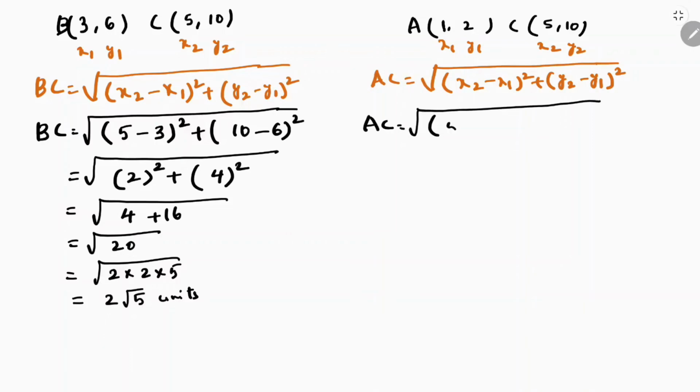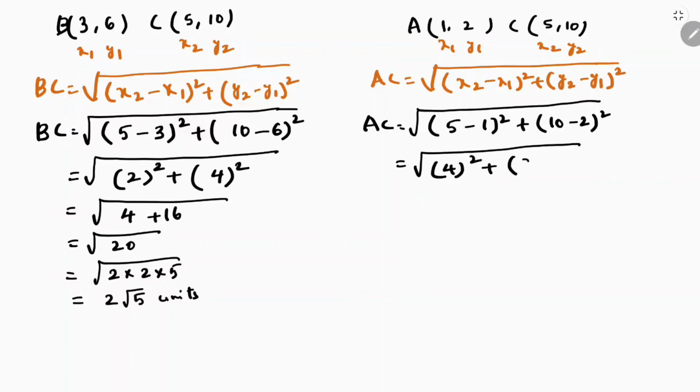Here the x2 value is 5, x1 is 1, so 5 minus 1 whole square and 10 minus 2 whole square. 5 minus 1 is 4 square. 10 minus 2 is 8 and it is whole square. 4 square is 16, 8 square is 64.